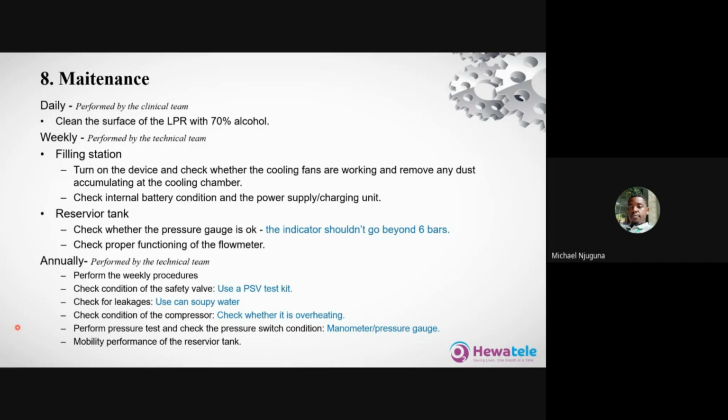If the LPR is being used as a backup solution and has not been used for probably 2 or 3 weeks, it should be wiped or cleaned every 1 week. But we recommend it should be cleaned in between patients, and daily if it is a primary source setup, which we have seen much earlier.